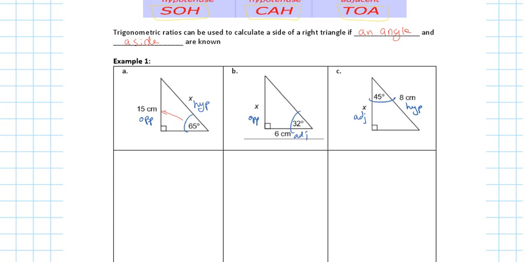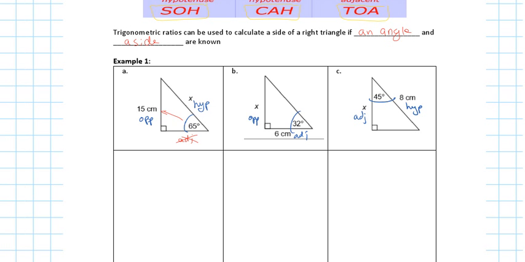And this is my hypotenuse because it's across from the 90 degree. This leaves me with the adjacent here, which I don't care about because I don't need to find it. What side do I need to find? The hypotenuse, right? Because it's labeled with the letter X. So they told me to find side X, and side X is the hypotenuse.